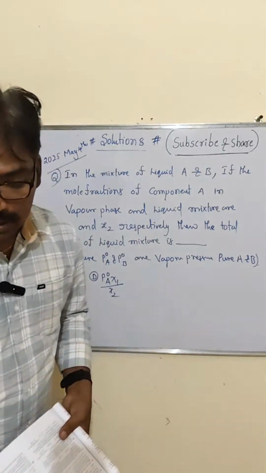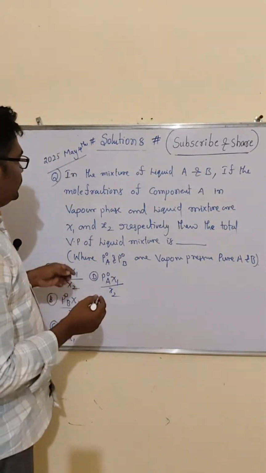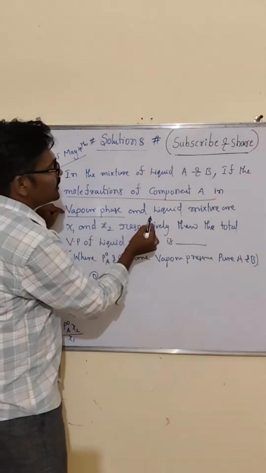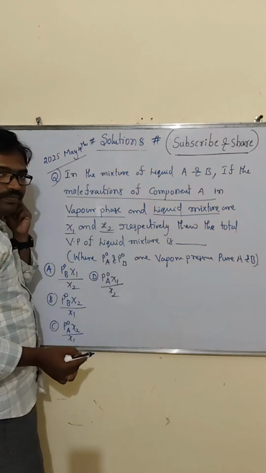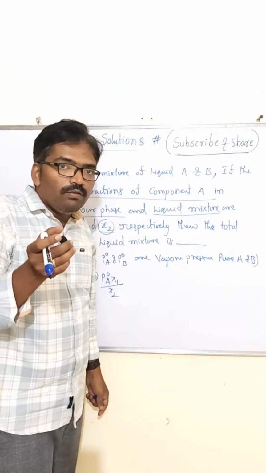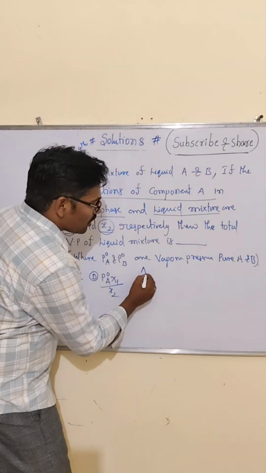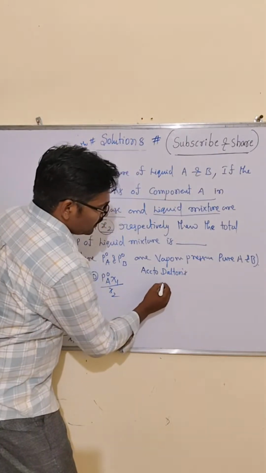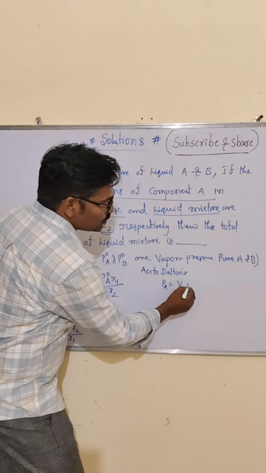Observe the question carefully. The mole fraction of component A in the vapor phase and in the liquid mixture are mentioned as X1 and X2. So for the vapor phase, according to Dalton's law, which we just discussed, the pressure of A equals the mole fraction of A into P total.